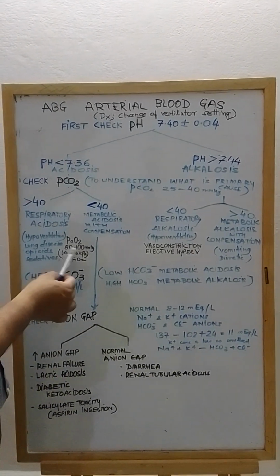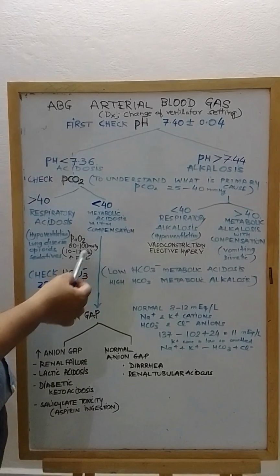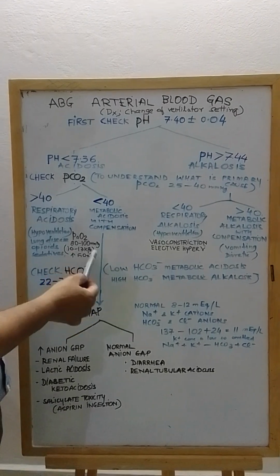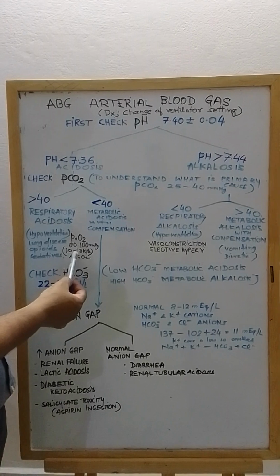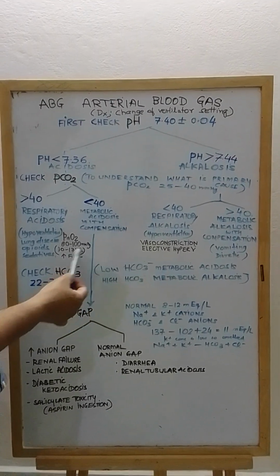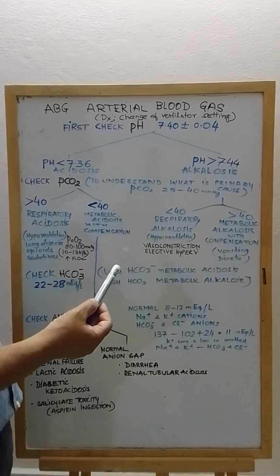Normally it is 80 to 100 mmHg, and it is a range. There is another unit called kPa, 10 to 13 kPa. In some books kPa is written, but normally it is 80 to 100 mmHg.